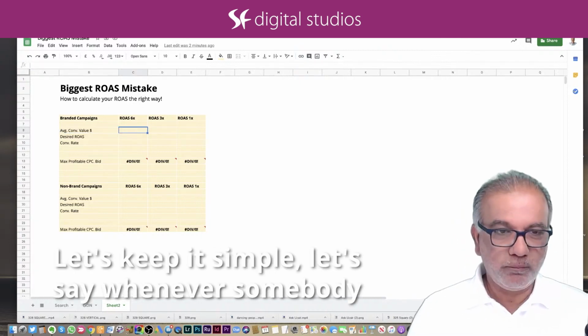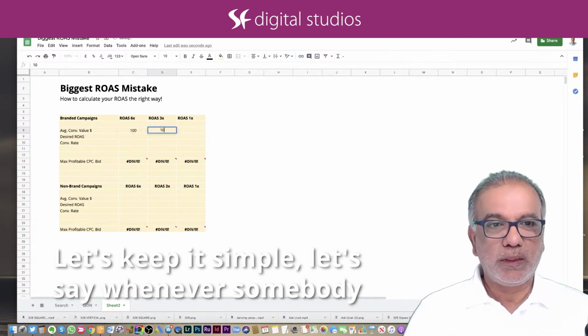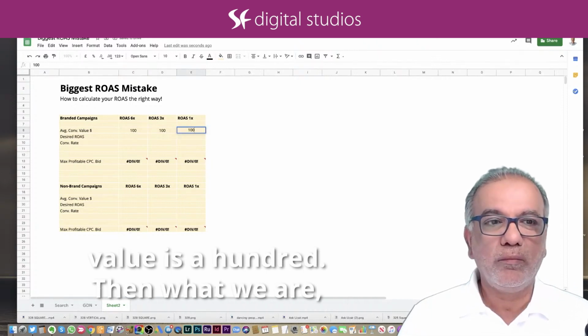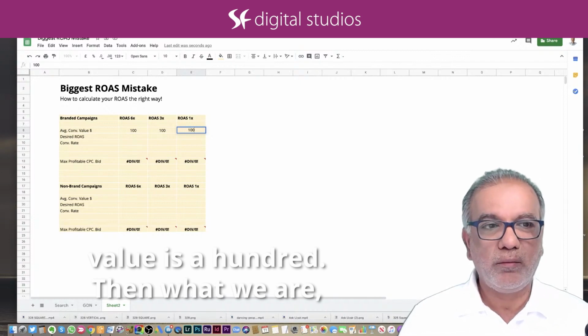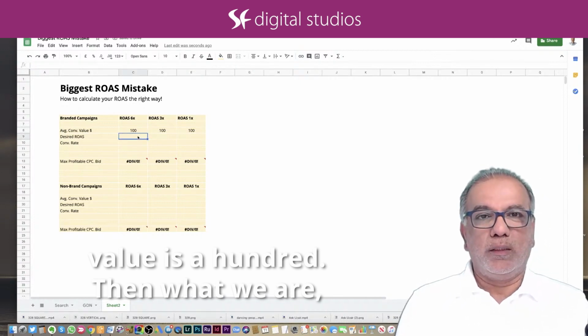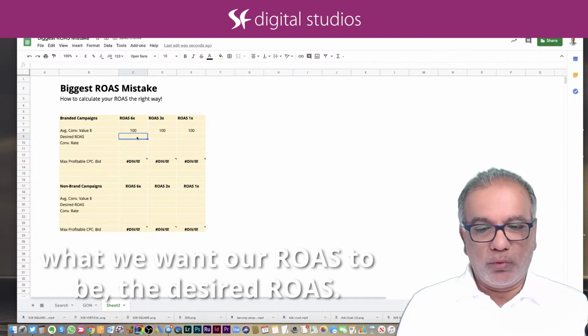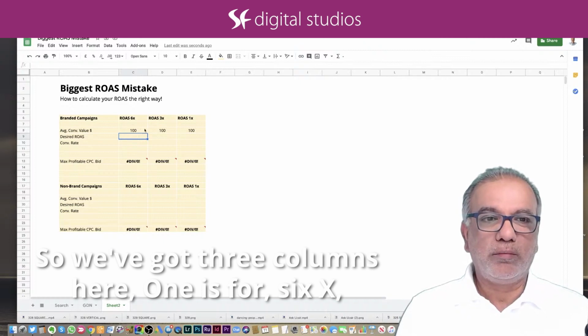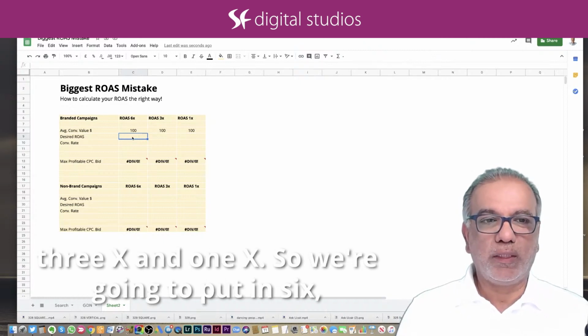Let's keep it simple. Let's say whenever somebody makes a purchase, our average order value is 100. Then what we want our ROAS to be, the desired ROAS. So we've got three columns here. One is for 6x, 3x, and 1x.